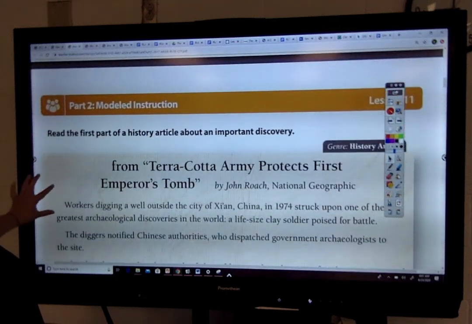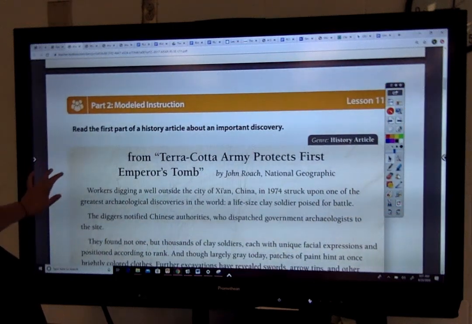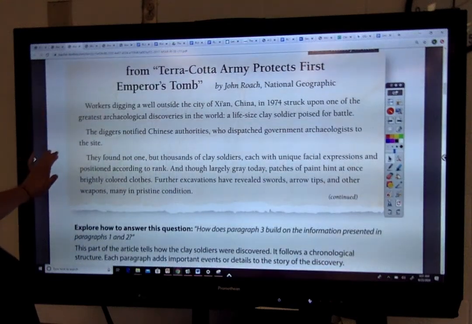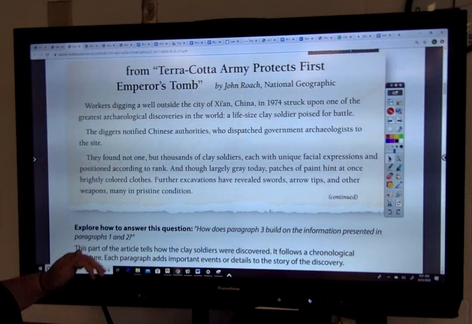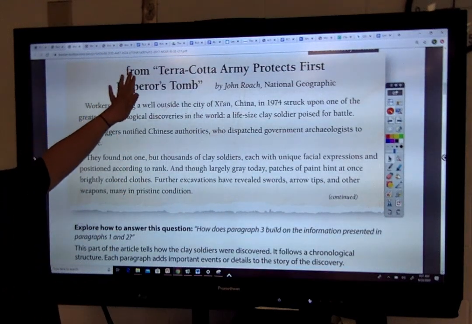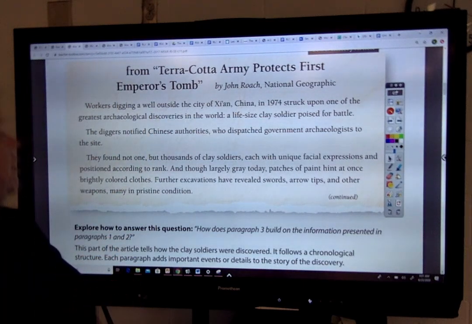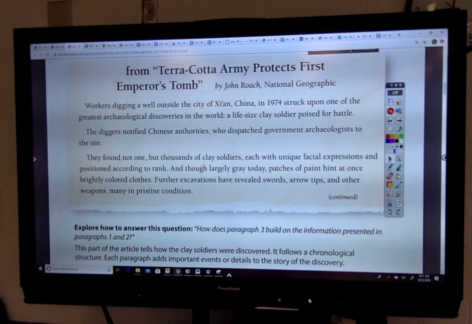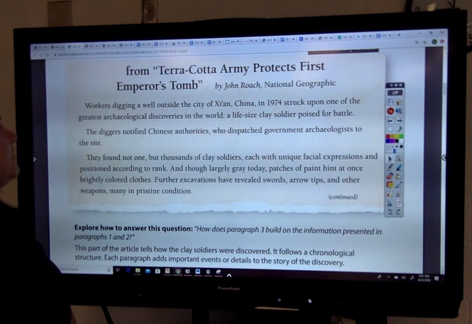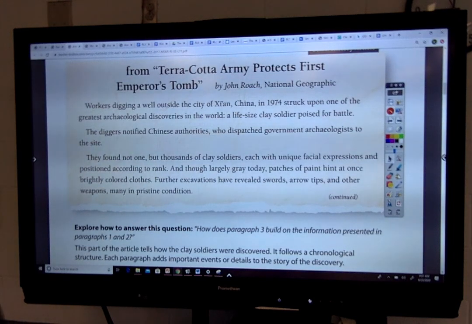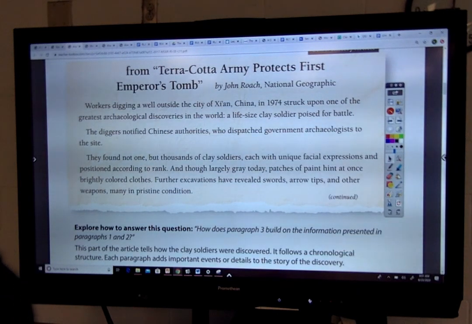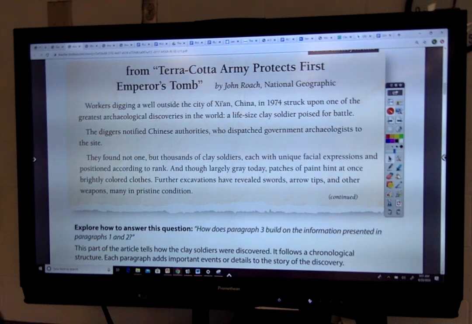All right, this is one of my favorite passages that we read. From Terracotta Army Protects First Emperor's Tomb. So when you see from, that just means that it's a part, it's an excerpt. It's by John Roach from National Geographic. It says, workers digging a well outside the city of Xi'an, China, in 1974 struck upon one of the greatest archaeological discoveries in the world, a life-size clay soldier poised for battle.